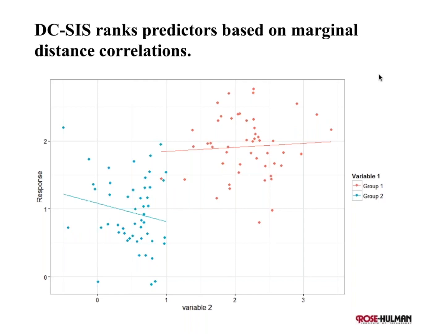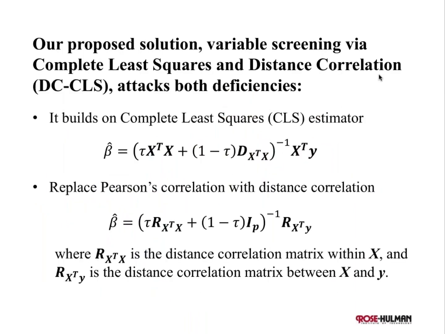However, since variable 2 is strongly correlated with variable 1, if we take into consideration the grouping variable, then we can see that the response has a very slim correlation with each group of the variables. So SIS and DC-SIS would pick up variable 2 as important. However, if taking into consideration variable 1, it may not be important.